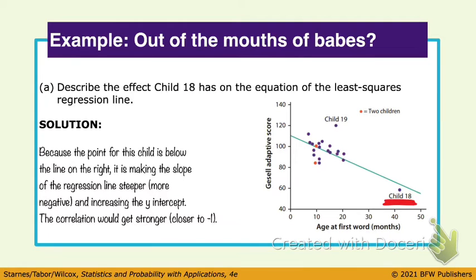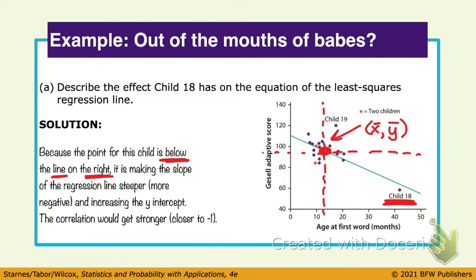Because the point for this child is below the line on the right, think about if I were to do average X and average Y, because that's kind of like my tipping point, like my seesaw point, okay? That would be where my X bar, Y bar would be, my average X and my average Y. Because that value is far to the right, you think about it as like it kind of weighs down the line.